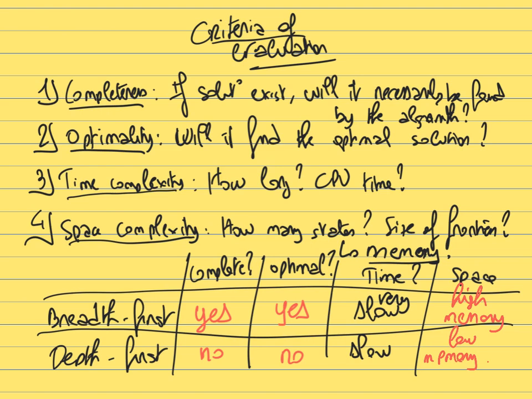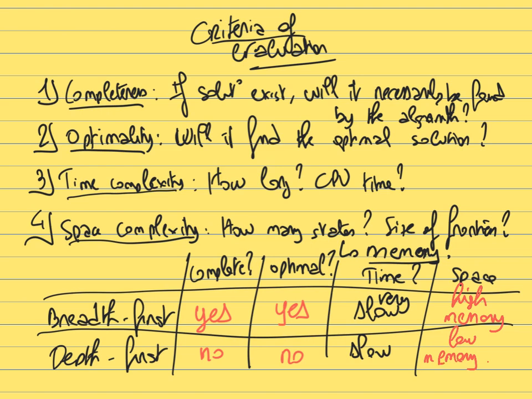But in this case, the number of states that it has to keep in memory does not increase exponentially with the depth of the tree. It increases just linearly with the number of layers that it visits.